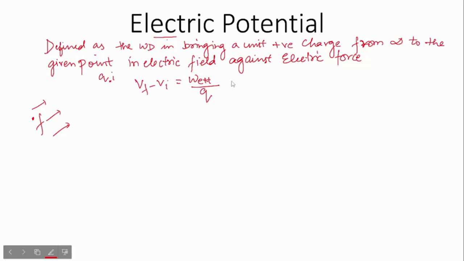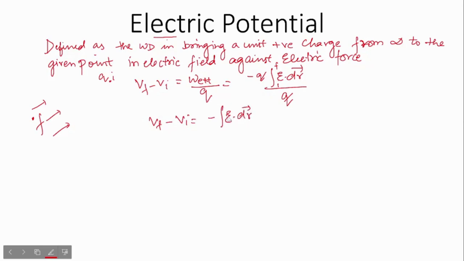And this W external can be written as minus Q E dot dr over Q, from initial position to final position. This Q gets cancelled out. So Vf minus Vi is equal to minus E dot dr.